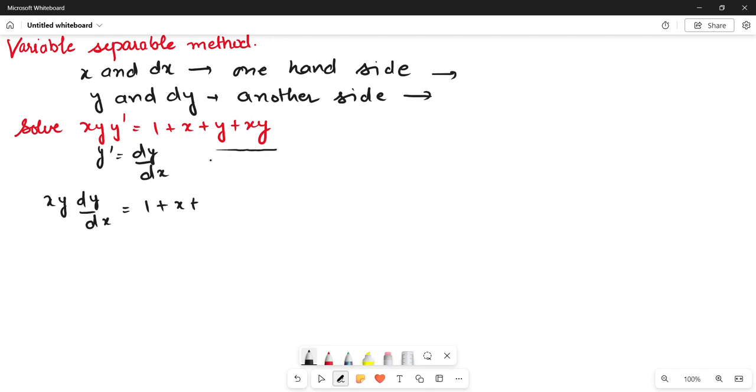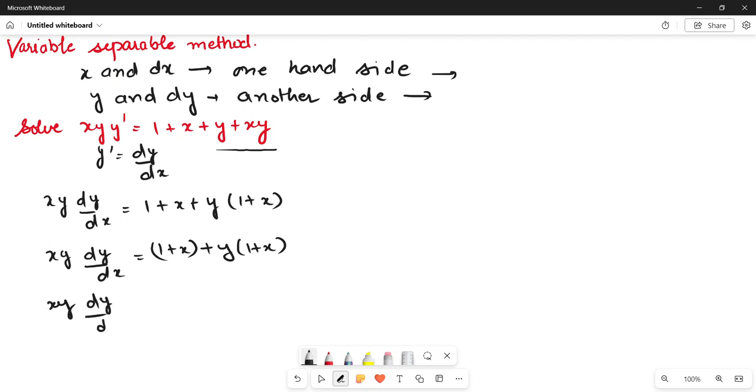From this you can take y as common, so you will get 1 plus x as it is, and then y into 1 plus x. Now further, xy dy by dx equals, taking 1 plus x as common, 1 plus x into 1 plus y.